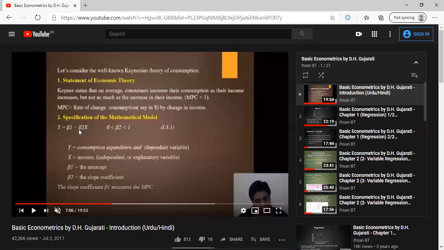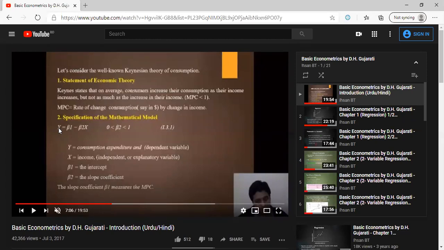Why is it exact? If you give an x value, you will get a y value for a straight line. If you know the intercept and you know the slope, and I give you x, can you find y? Yes, we can find y.